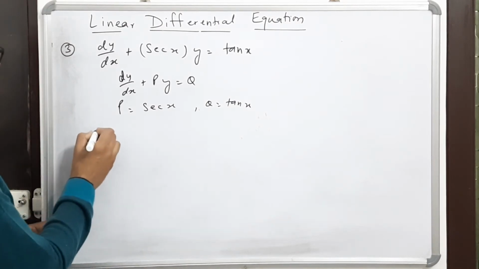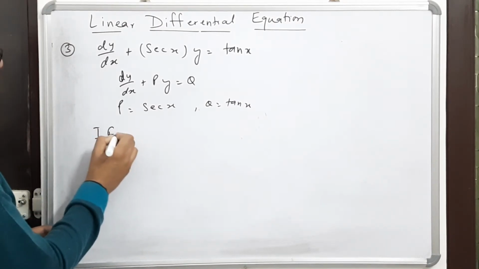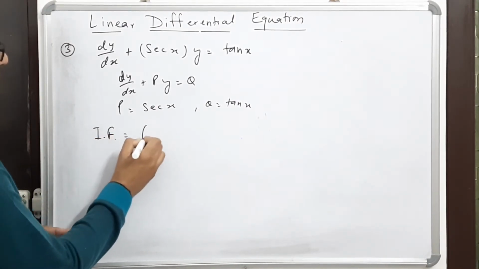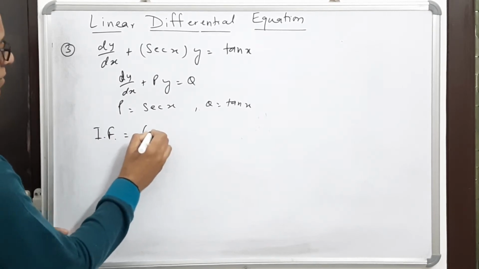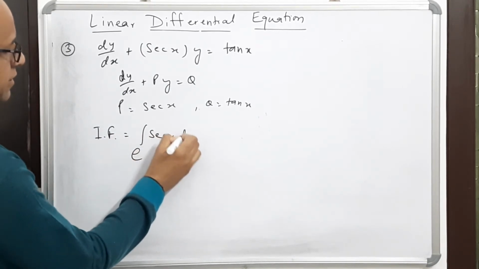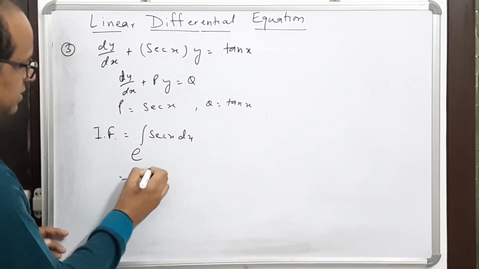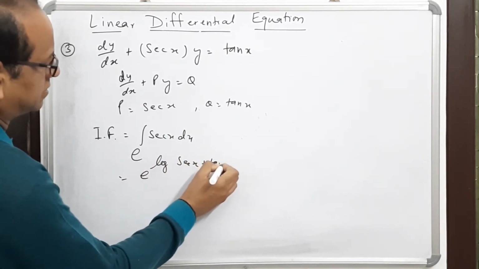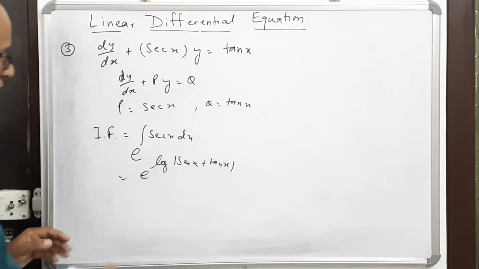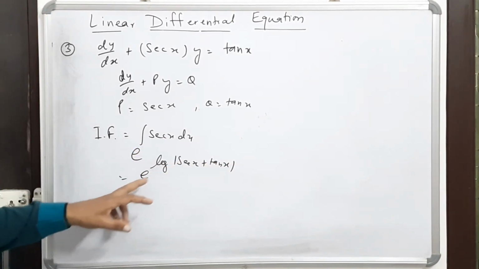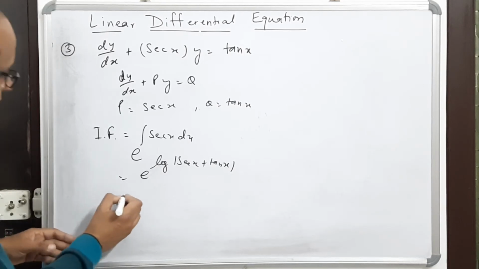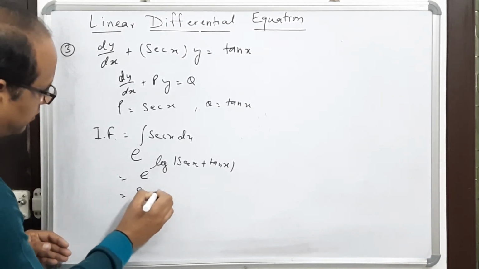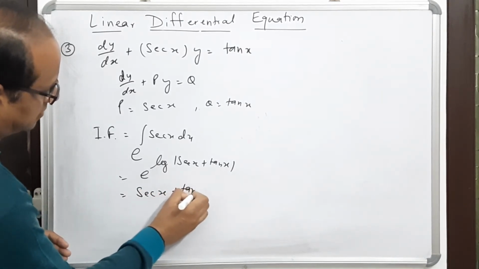Now as per our methodology of linear differential equation, IF is e power integration of sec x dx. So the answer is e power log of sec x plus tan x. That is the integration of this part. So e power log of sec x plus tan x will be sec x plus tan x.